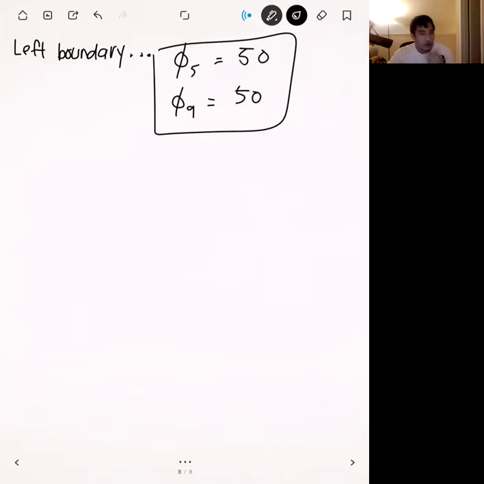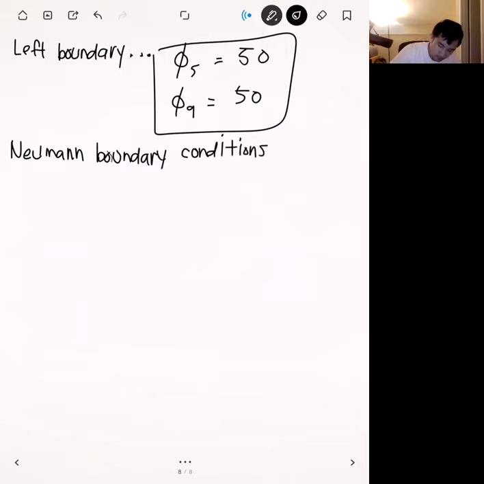From here, we just have the top and the right boundaries left, and these are Neumann boundaries. For Neumann boundary conditions, remember in 2D we have to be a little bit careful about how we actually apply this derivative, because the way we define Neumann boundary conditions is as constraints on the derivatives of the function.